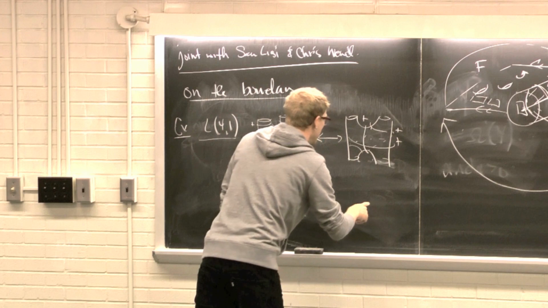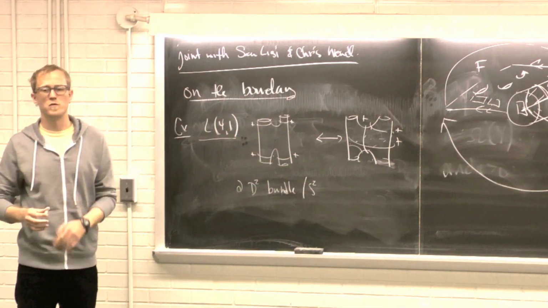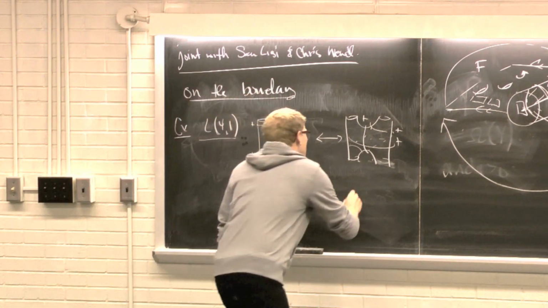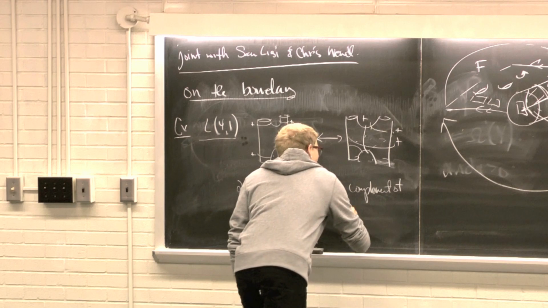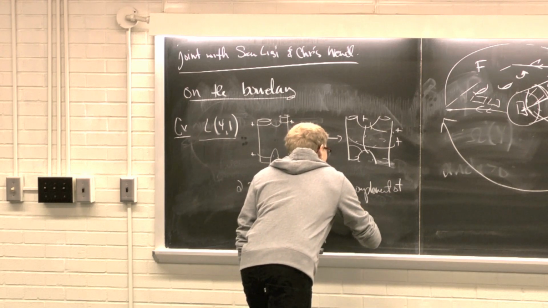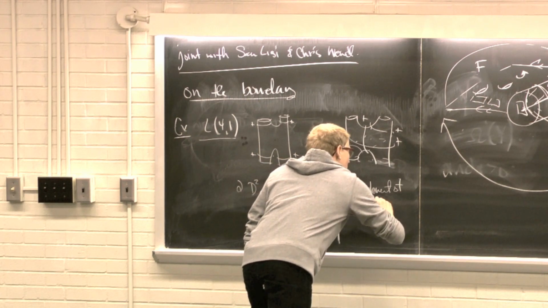And this object is the symplectic filling that you would get by removing a degree 2 curve from CP2. So this is the complement of the quadric in CP2.